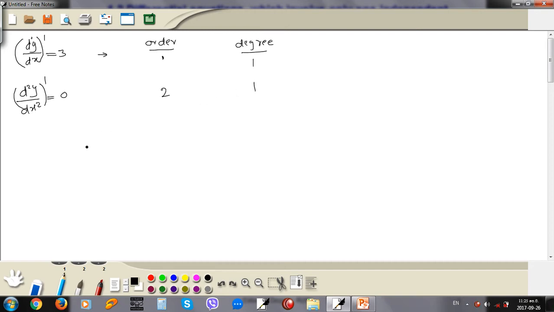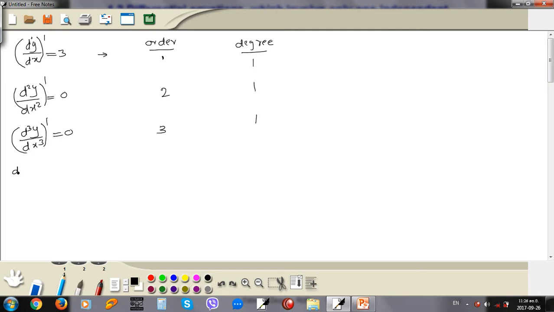If we consider d cube y over dx cube equals 0, that is also a differential equation. The highest derivative is third, so the order is 3, and the power of the highest derivative is also 1, so the degree is 1.